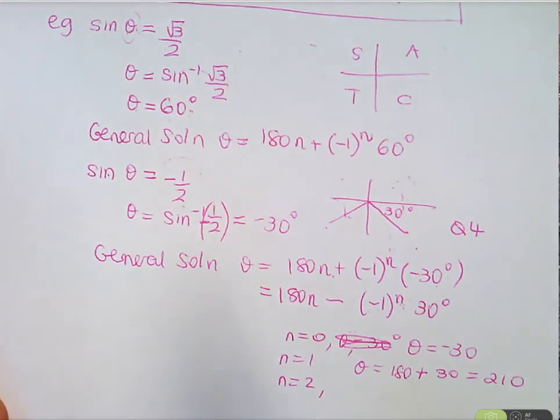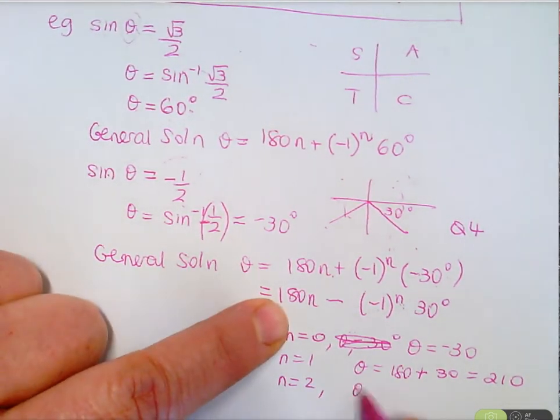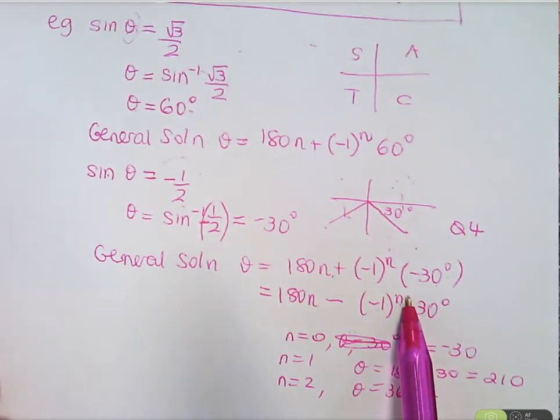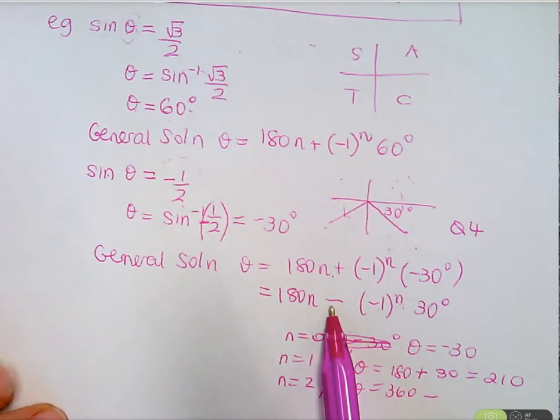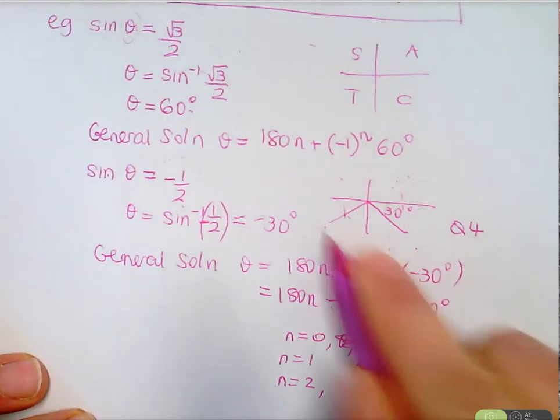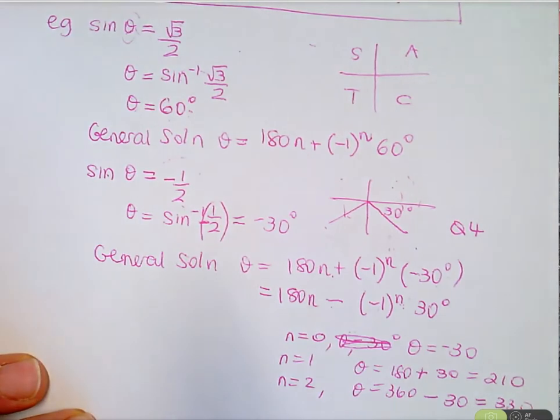What do we get? Theta is 360 minus, now negative 1 squared is positive 1, so the minus here stays, minus 30. 330. Yep, all the way round. See how they're working?